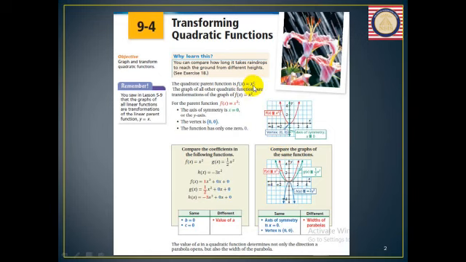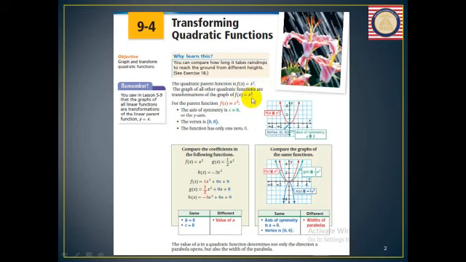In this lesson, we're going to learn that the quadratic function f of x equal x power of 2 is a parent function. The graph of all other quadratic functions are transformations of the graph of f of x equal x to the power of 2.